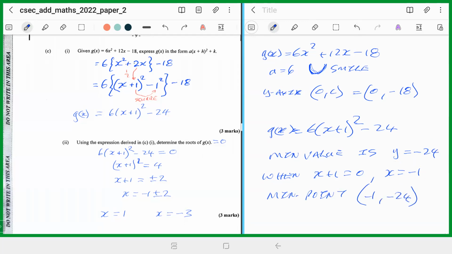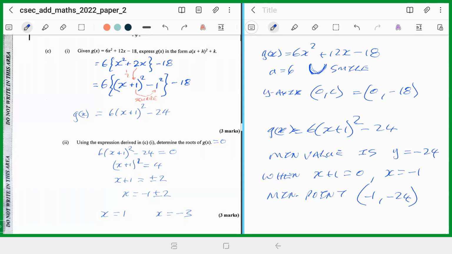That's where the minimum point is. I'm building up the information to make a sketch. So you know the shape, you know the y-axis intercept from the standard form, and you know the turning point from the vertex form.